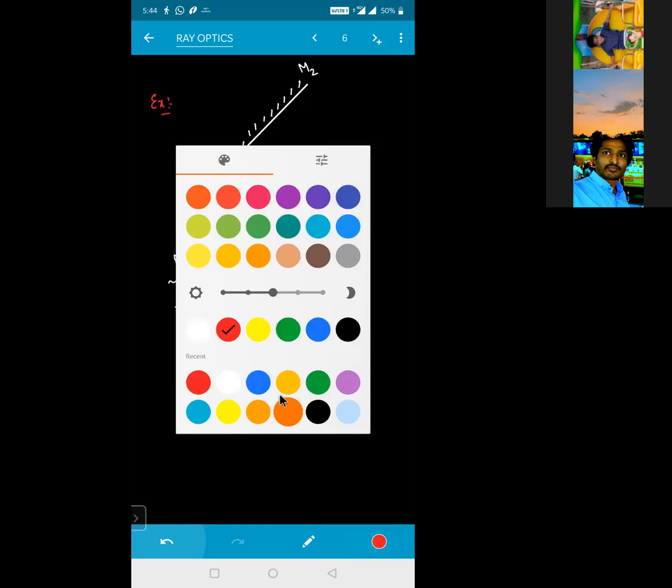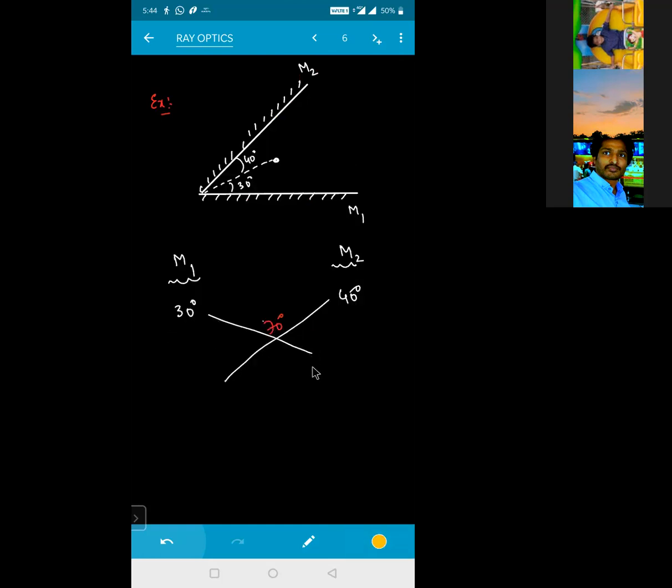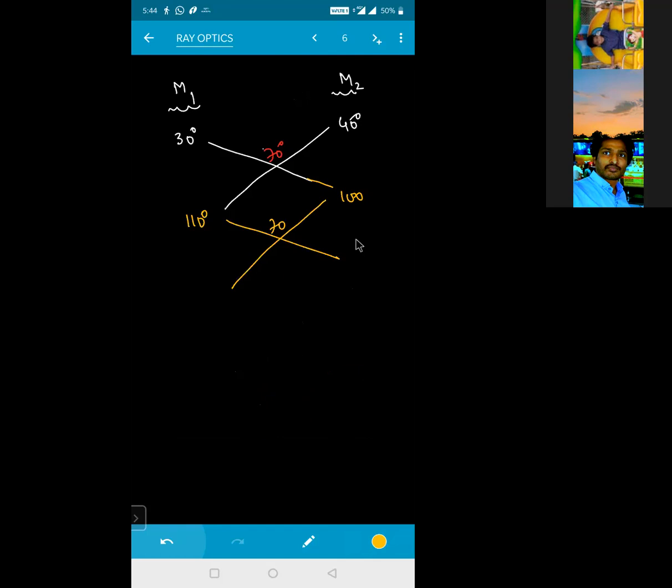Got it? Now 70 plus 30 is how much? 100. This is your 100. 40 plus 70 is 110. Then again crisscross like this. This will be your 70. Now 100 plus 70 is 170. This one is 180.